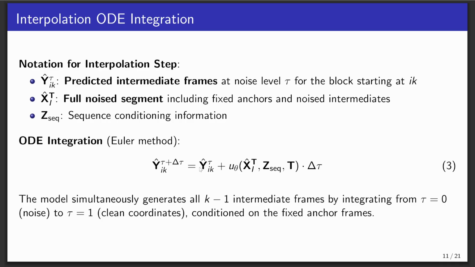For the flow matching part, it uses the Euler method, ODE integration, which directly adds delta tau times u theta to y tau to get y tau plus delta tau. The model simultaneously generates all k-1 intermediate frames by integrating from tau equals 0 to tau equals 1, which gives the cleaned coordinates, conditioned on the fixed anchor points.